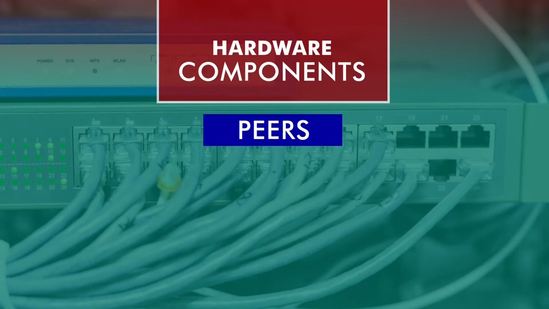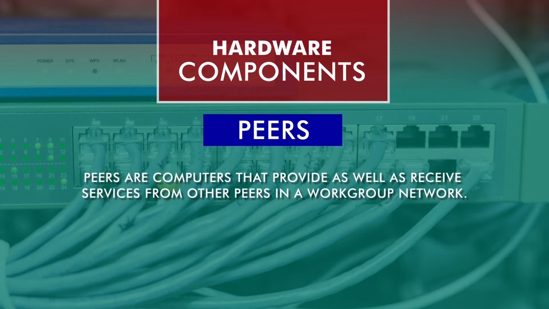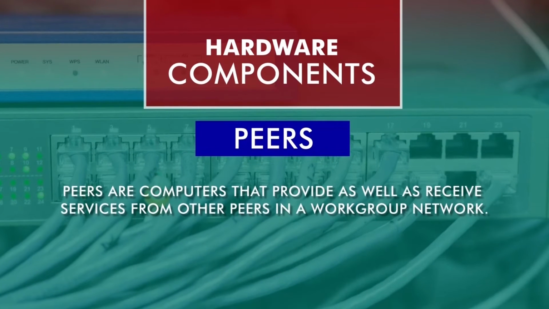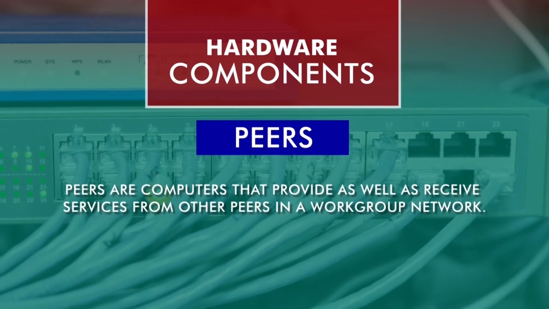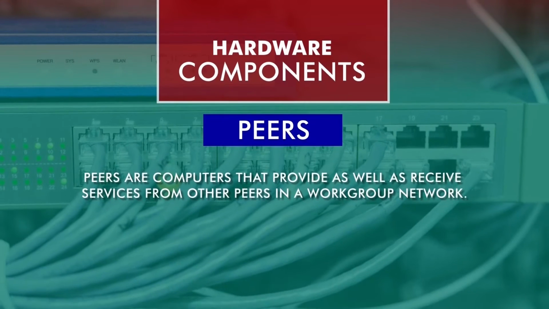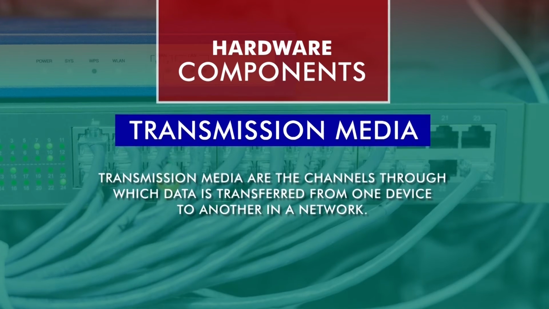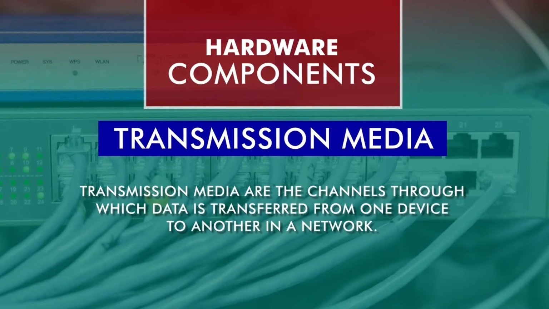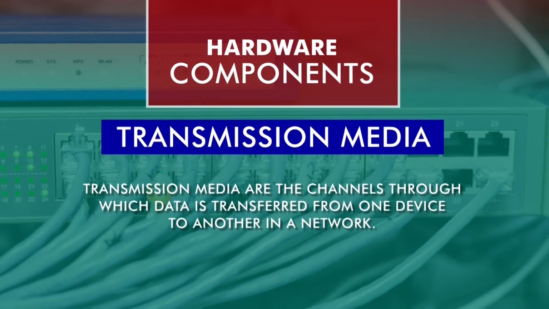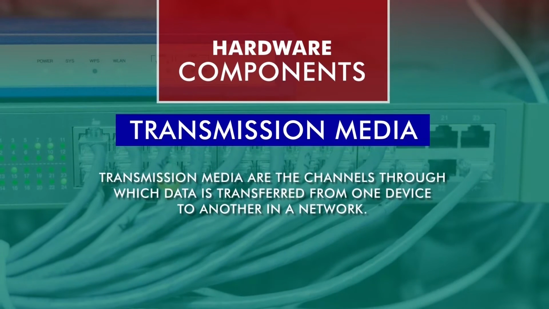Then comes the component called the peer. Peers are computers that provide as well as receive services from other peers in a workgroup network. Then the important component, which is the transmission media. Transmission media are the channels through which data is transferred from one device to another in a network.